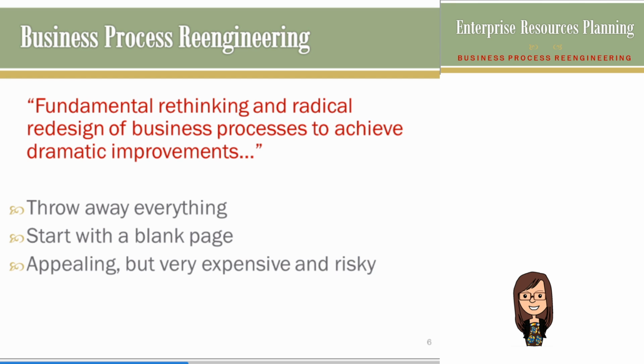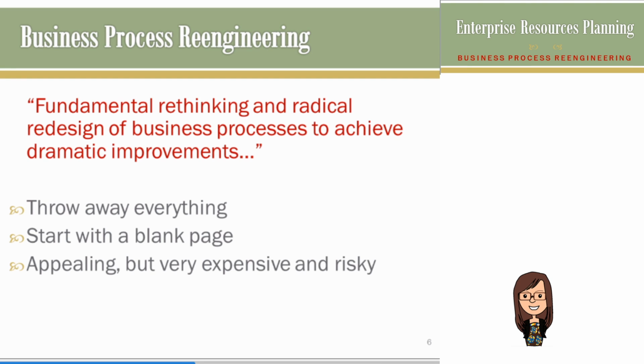So that's the same thing when we want to use an ERP system that is already made. Then it means that we need to fit our enterprise business process into the ERP system business process. So that's what we call business process reengineering, because it might need a fundamental rethinking.